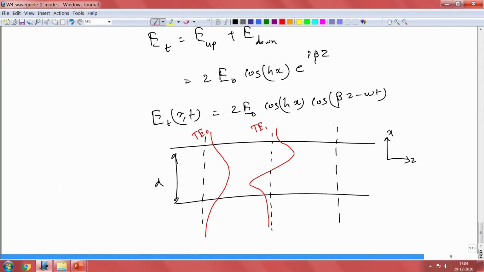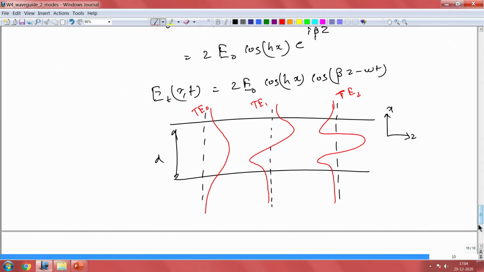Now you will have a mode like this. So, this is TE second. This is how your mode is going to look like. As you can see, these are all discrete solutions. This is how your mode solutions look like.